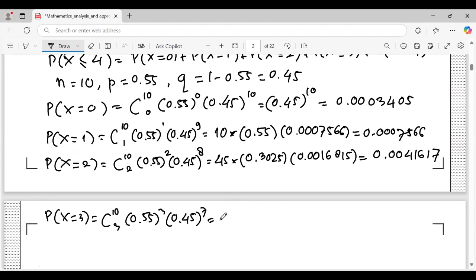Combination 10 and 3 is 120. 0.55 cubed is 0.166375. Multiply, 0.003737. It is 0.0746.